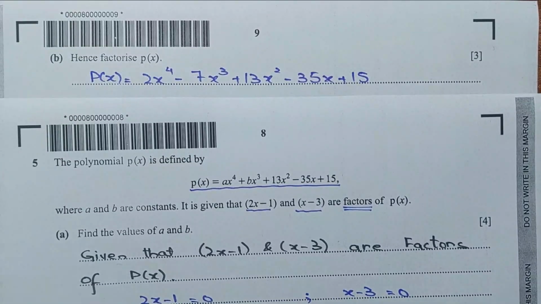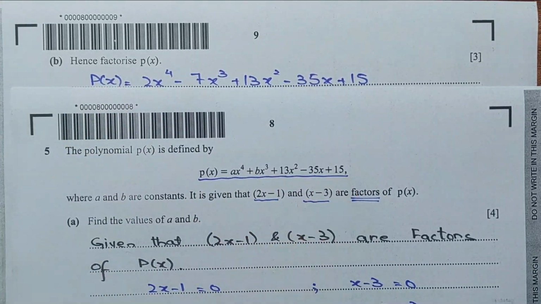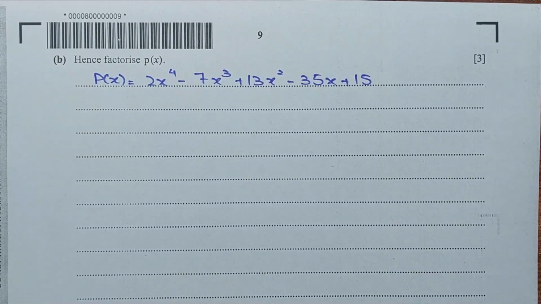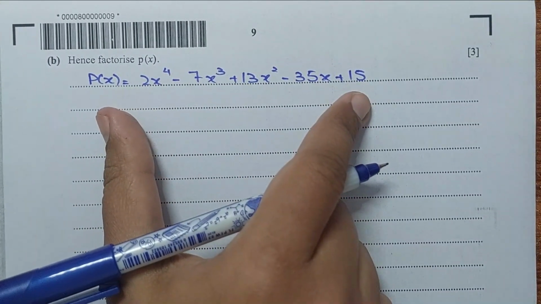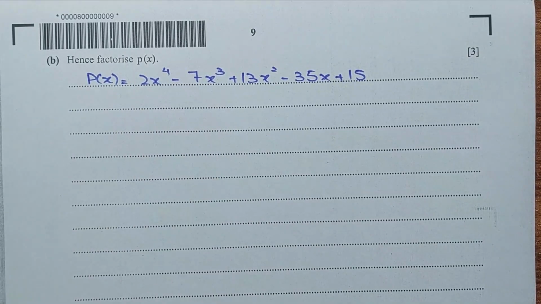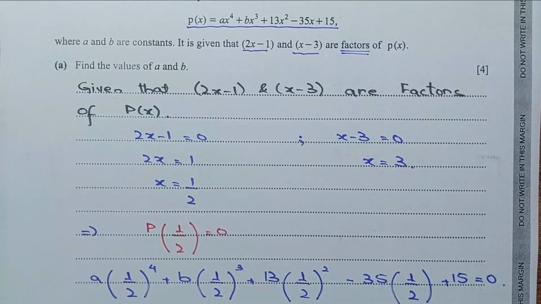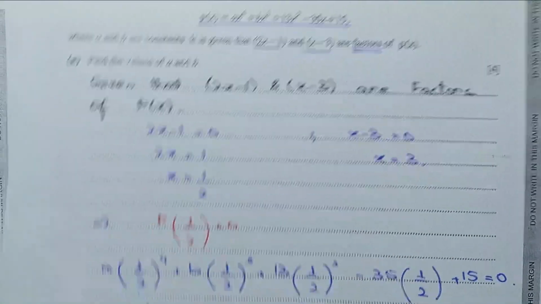I just substituted a is 2 and b is minus 7 and the rest is as it is, right? Now this is a polynomial of power 4, and we are given in the question that we have two factors of the polynomial, x is equal to 1 by 2 and x is equal to 3. These are the two factors of the polynomial.